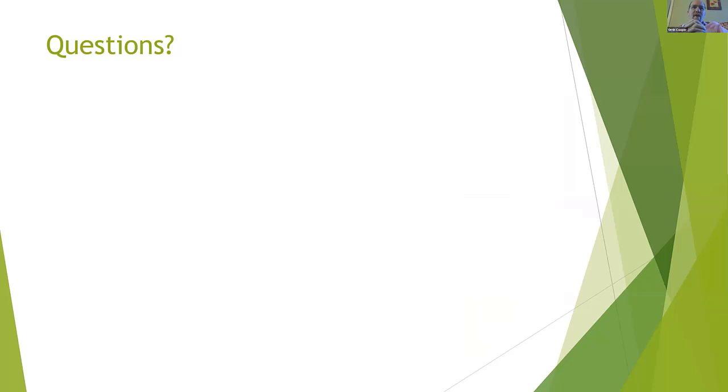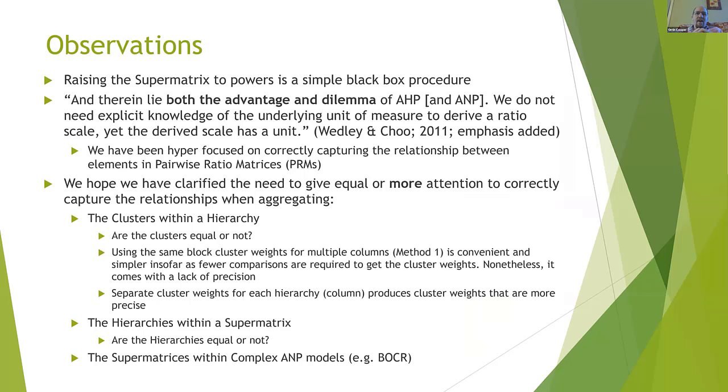So let me come to the observations. Raising the supermatrix to powers is a simple black box procedure. I hope the message I got across is that this is both the advantage and the dilemma of AHP and ANP. We don't need an explicit knowledge of the underlying unit of measure, but we have to pay attention to that unit.